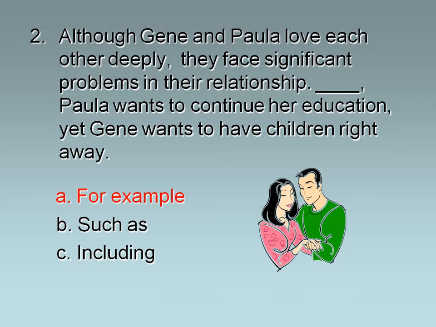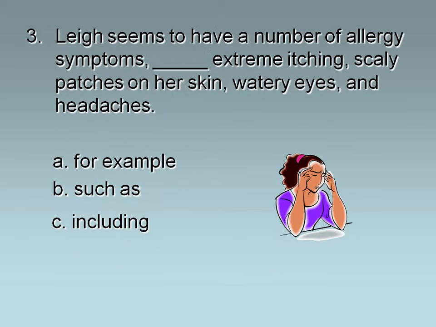Choice A, for example, is the correct choice. Read the last sentence. Which example transition best completes this sentence? Click to see the correct answer. Compare your answer to the answer shown. The correct answer is choice C, including.